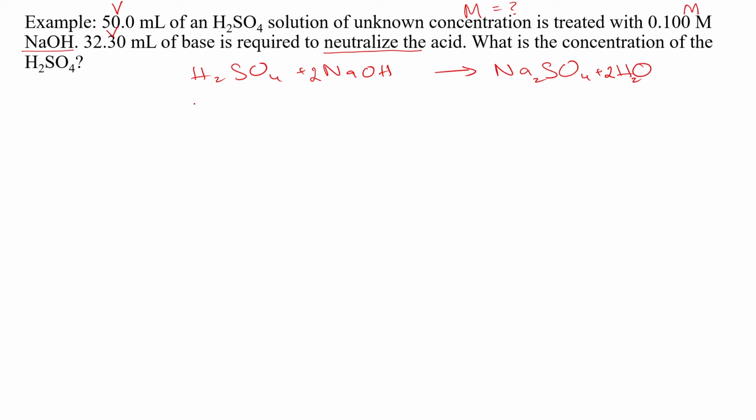Now for sulfuric acid, we have the volume given as 50 mL. Its molarity is what we need to find. For sodium hydroxide, the volume is 32.30 mL and the molarity is 0.100. So you have to find moles from here, right? Because that is the first step.